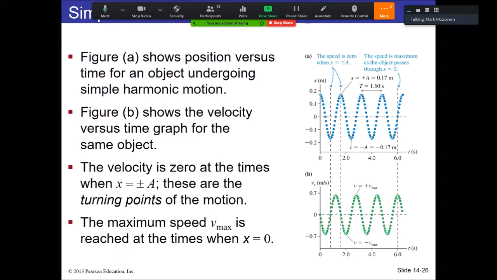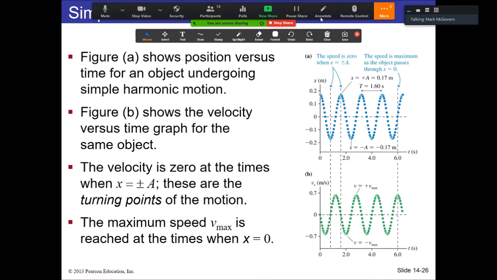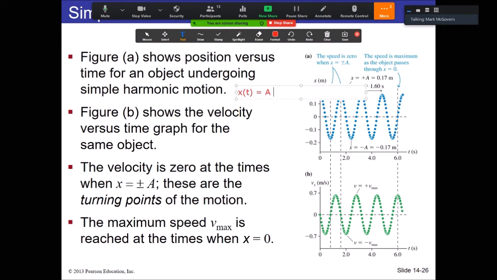Remember, I'll write it up here so you can see how that's going to look. So it's going to be x of t equals A cosine omega t. I'm using w. But we're given what the value of A is here. It's 0.17, the cosine, and then we are given a value for the period.